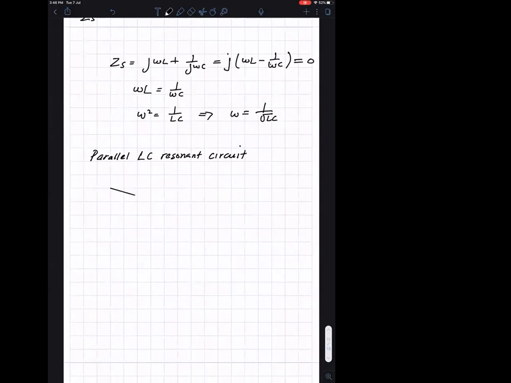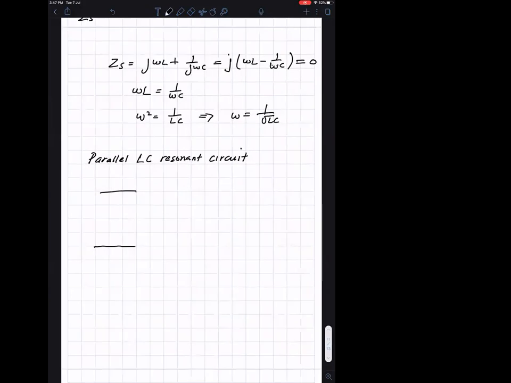So now you have ZP, which is 1 over j omega C in parallel with j omega L. You know how to do all these things, isn't it?